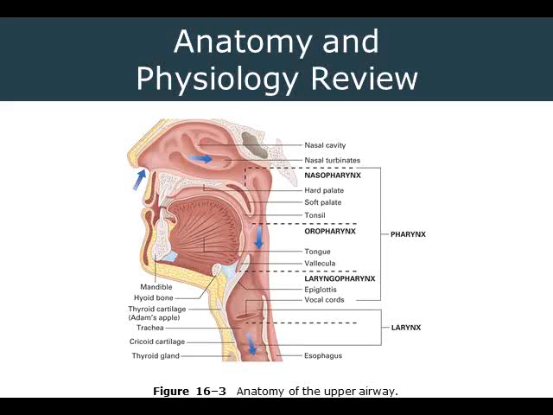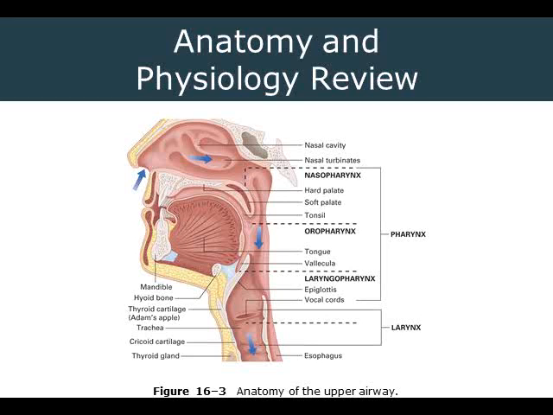So then we have the larynx represented on the outside there. You can see the thyroid cartilage, the trachea, cricoid cartilage, thyroid gland. The thyroid gland is lower, but the thyroid cartilage itself represents the Adam's apple and the larynx.